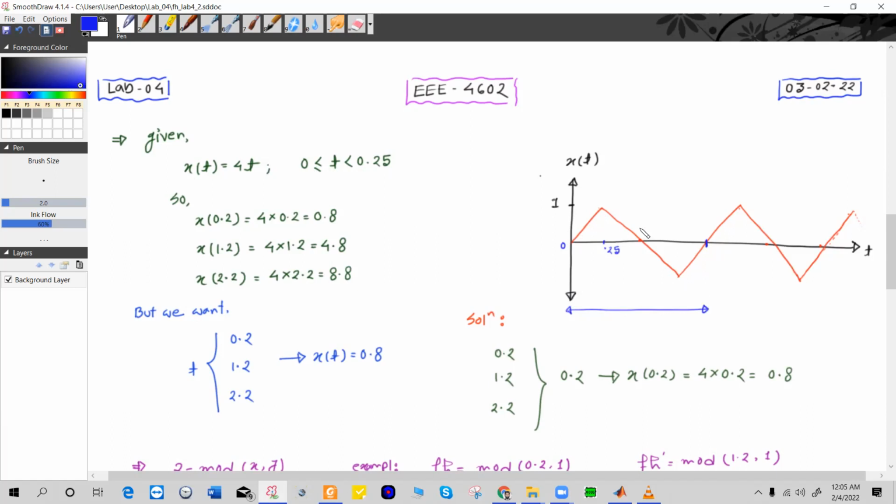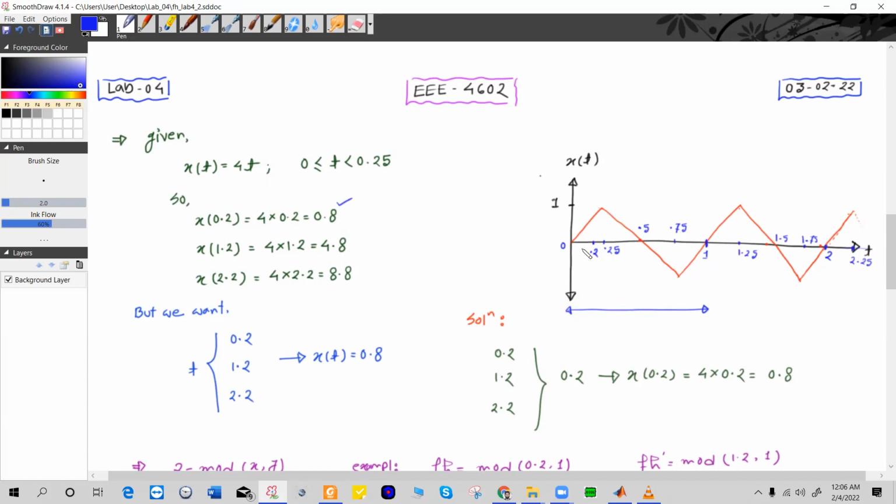This is our whole time axis: 0.25, 0.5, 0.75, and again 1, then 1.25, 1.5, 1.75, and then 2, and again 2.25, like this. If we consider time t equal to 0.2, x of 0.2 should be 4 into 0.2 equal to 0.8.